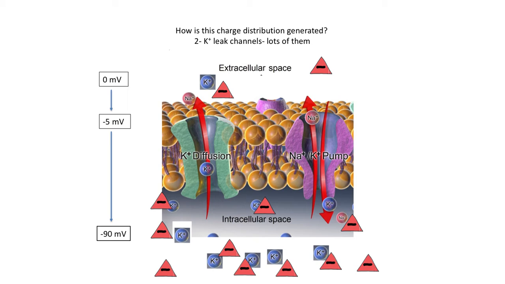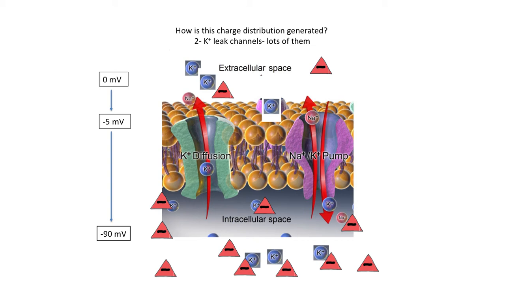So let's see what happens when potassium leaves the cell. Let's take a few of them out. So this potassium goes out. Let's take another potassium out.